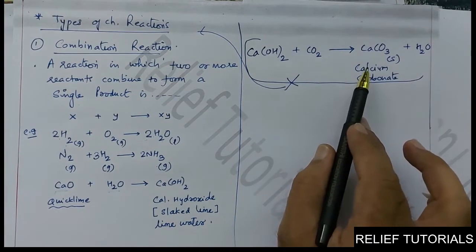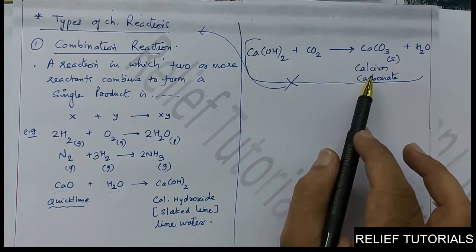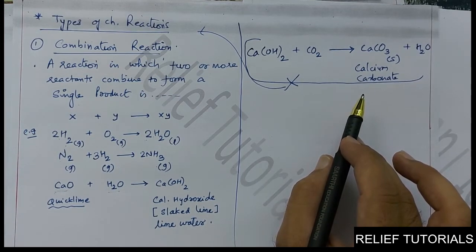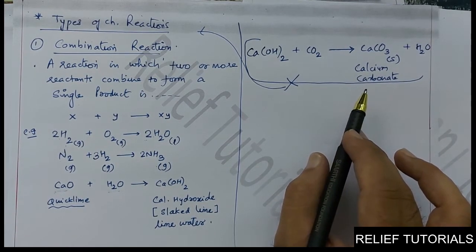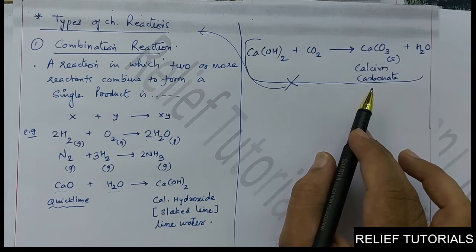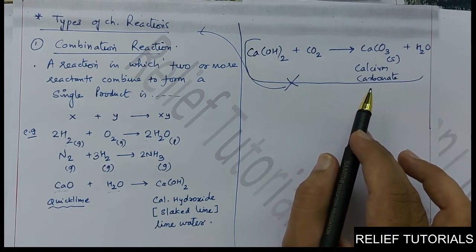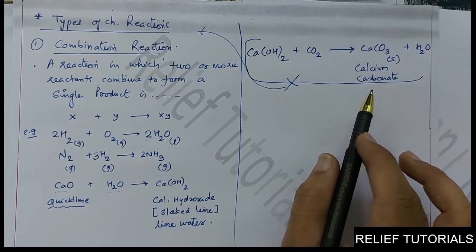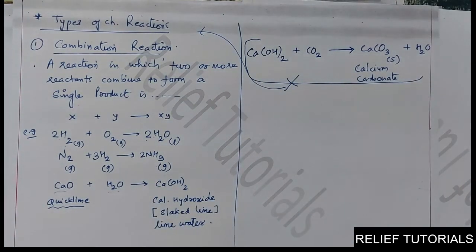This layer of CaCO3, calcium carbonate, gives you the shine on the walls. A thin solid layer of CaCO3 is formed, which is shiny in appearance. That is why we feel shine on the walls after the application of this Ca(OH)2.